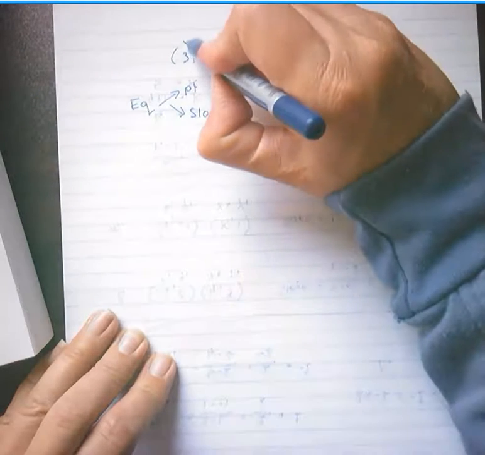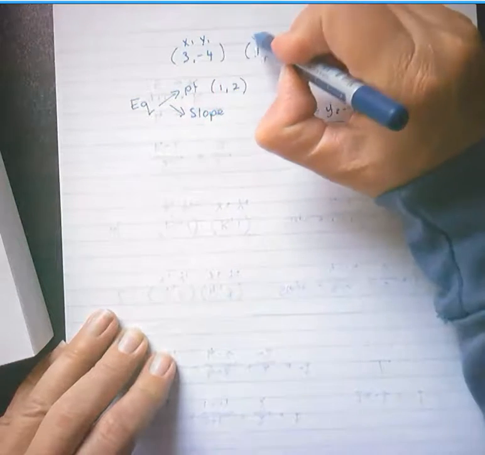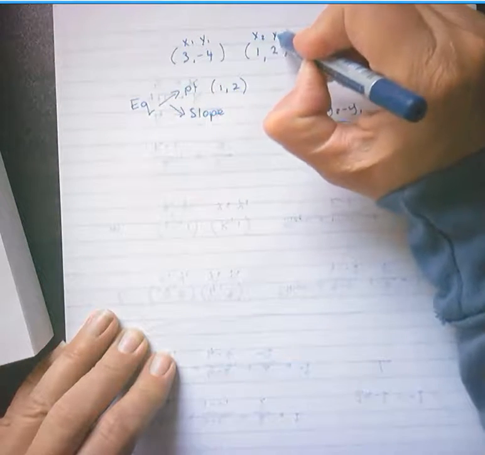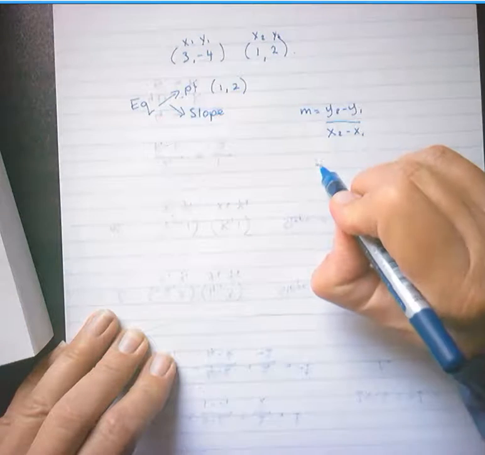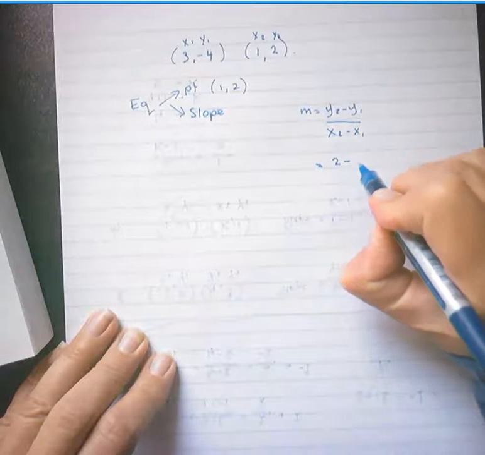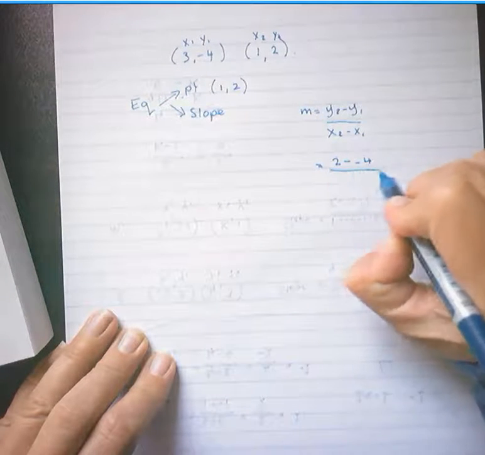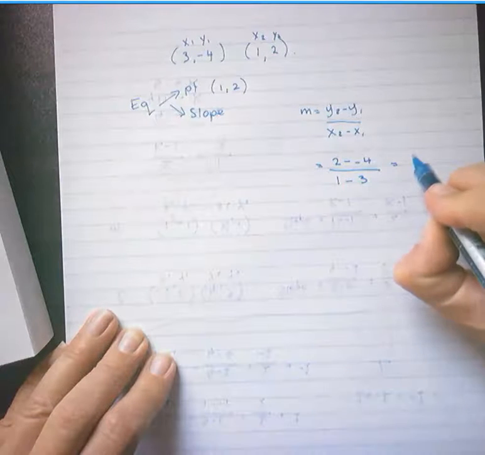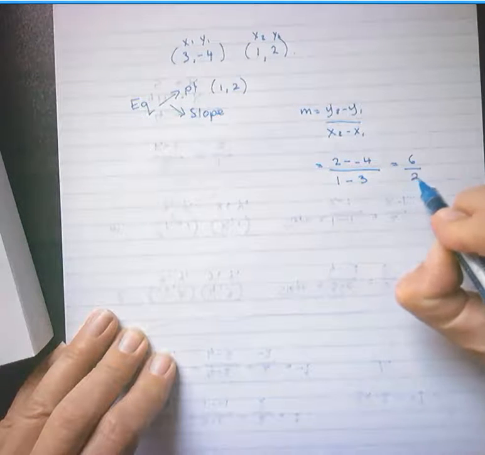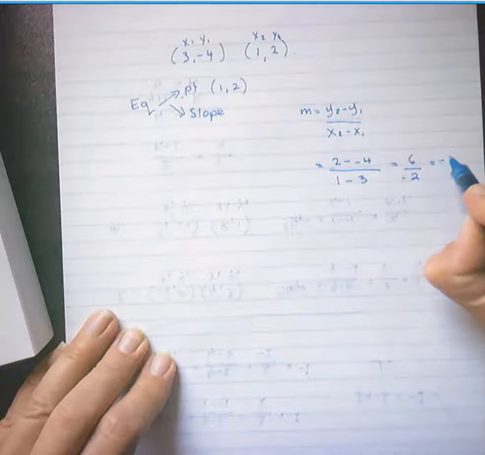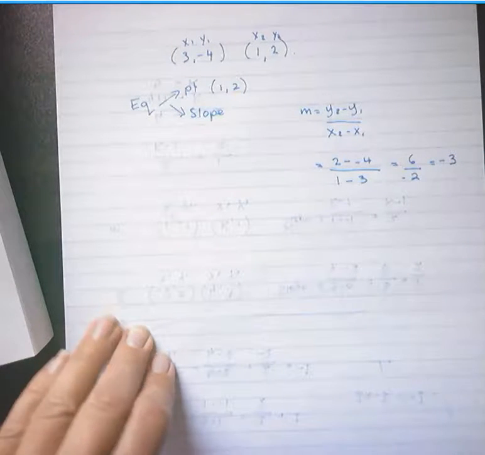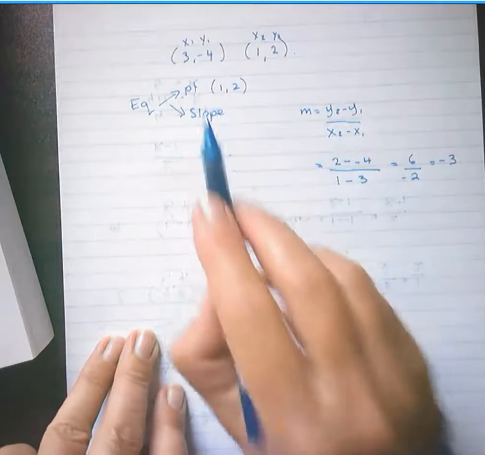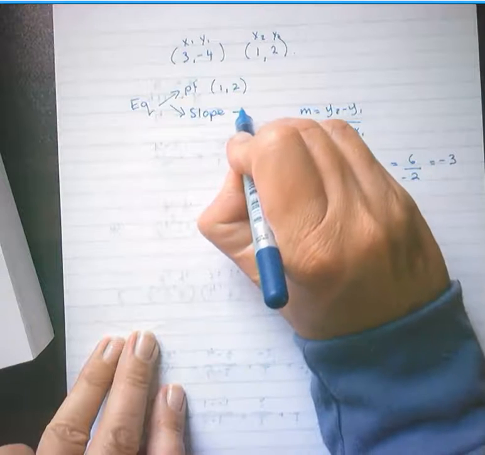So I label my points x1, y1, x2, y2, and then plug them in. I get 2, take away 4, over 1, take away 3. So we're getting 6 over minus 2. So my slope is minus 3.